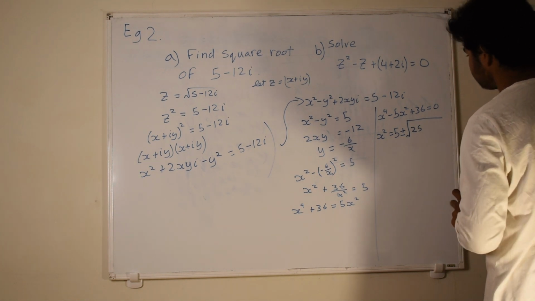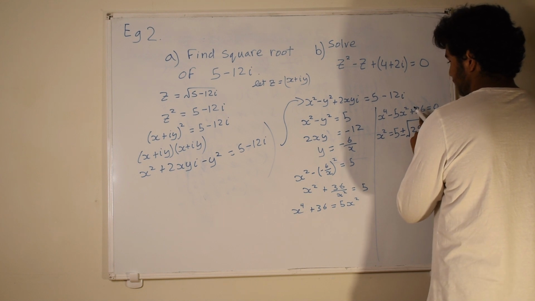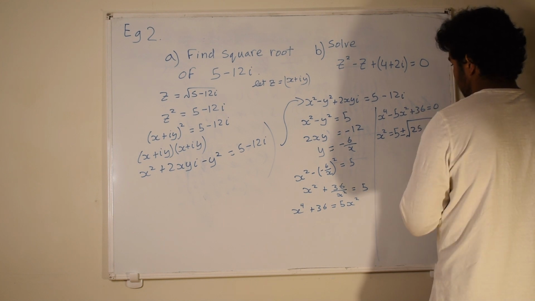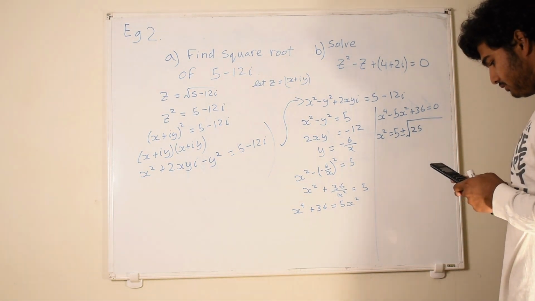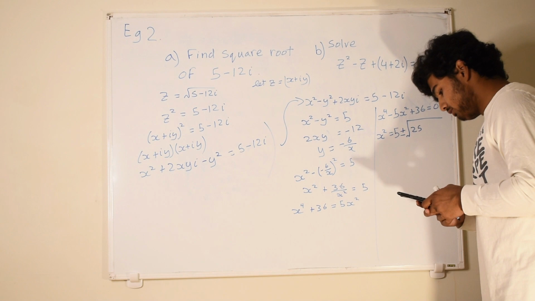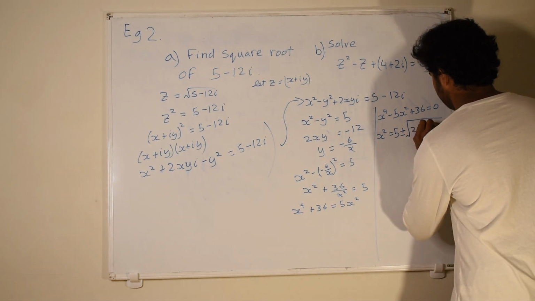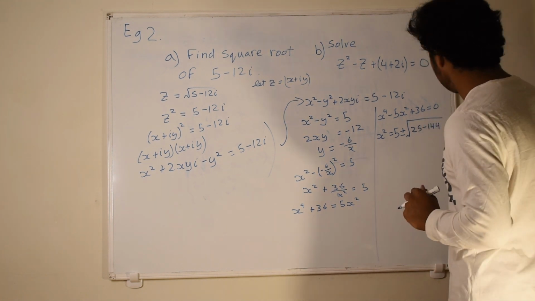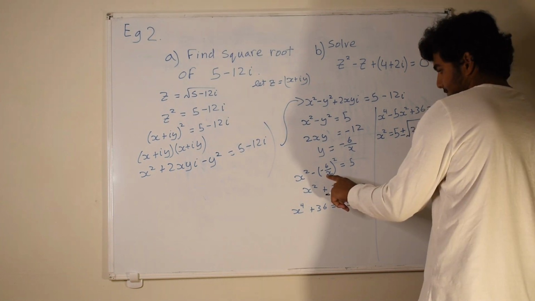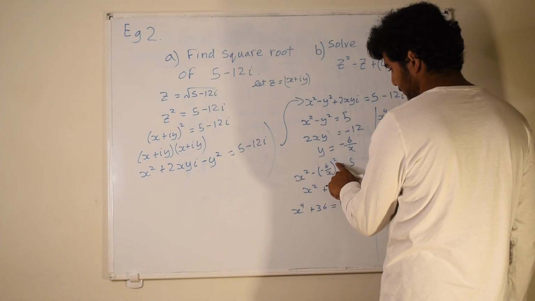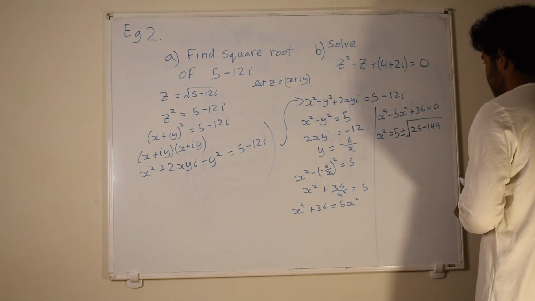So 4 times 36 gives us 144. Well, have I made a mistake somewhere? Because when you square that you get a positive, but we get a minus. So this should be a minus right here. Sorry, there's my mistake.